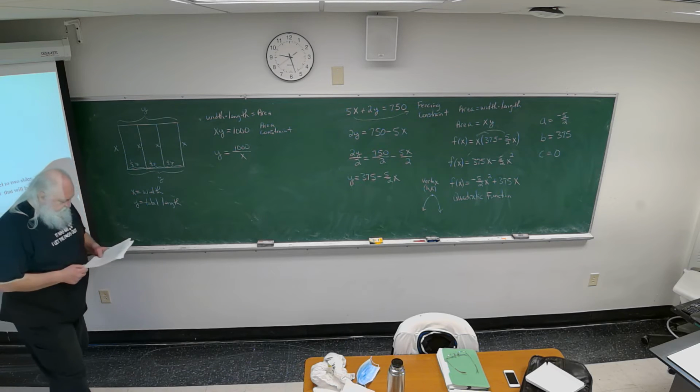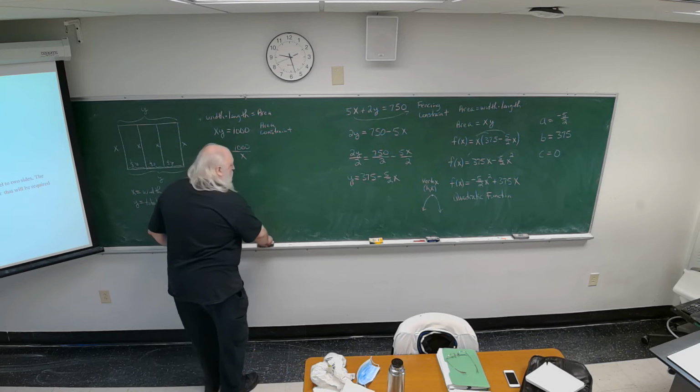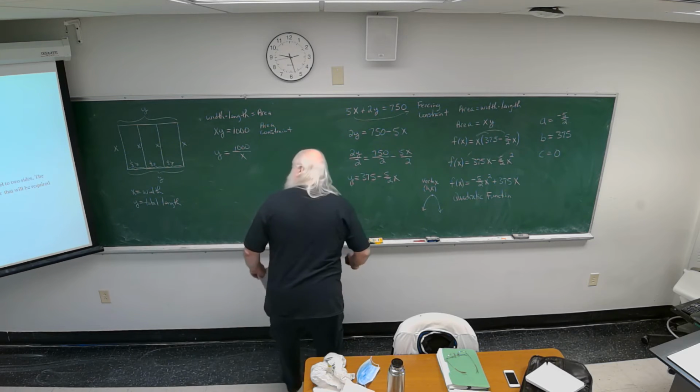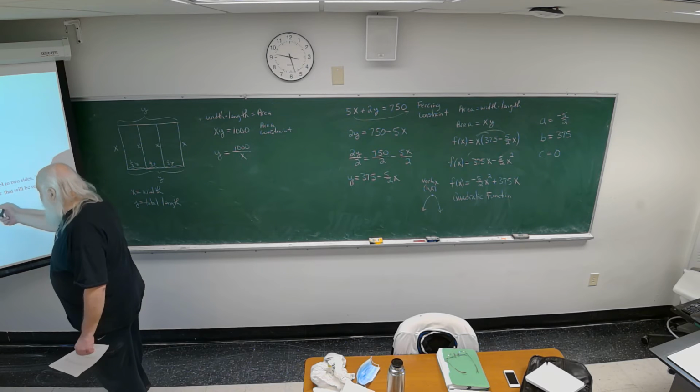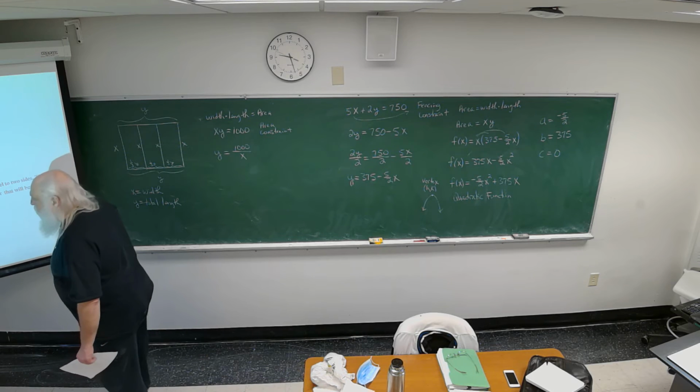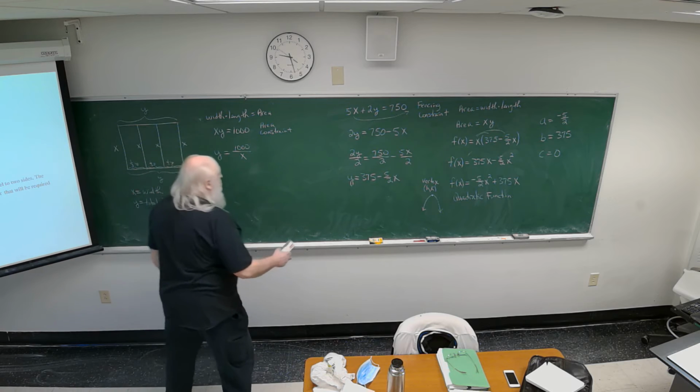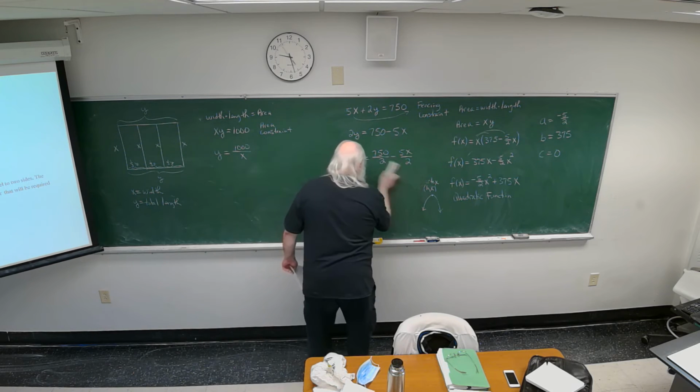All right. So we have to write the total amount of fence as a function of the width x that would be required to build this lot. So what's the total amount of fence that we need?